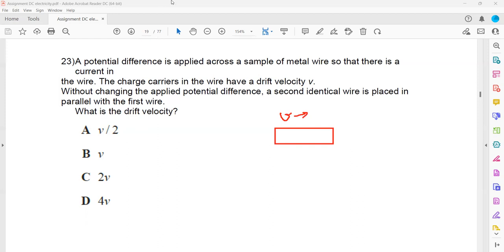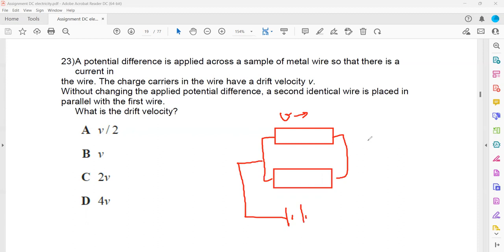Now what we did, we took an identical wire, we did not change anything, and we connected this identical wire in parallel. So another identical wire is connected in parallel. The question is, what happened to the drift speed?